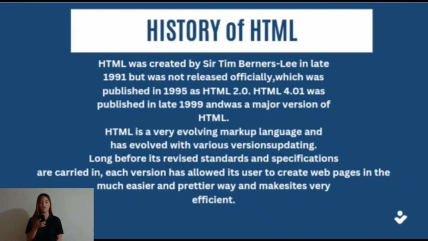HTML is a very evolving markup language and has evolved with various version updates. Each version has allowed its users to create web pages in an easier and prettier way and make sites very efficient.